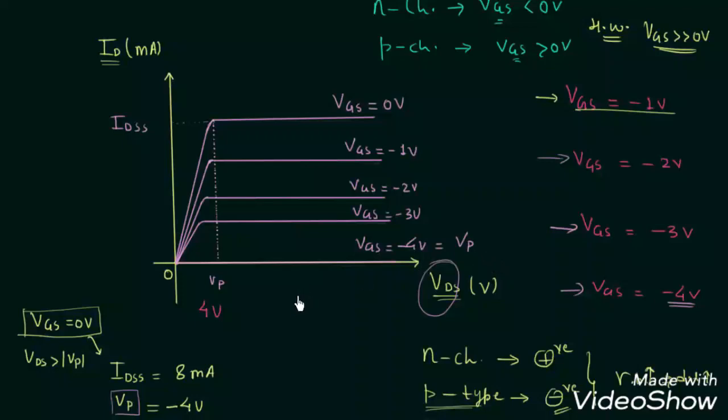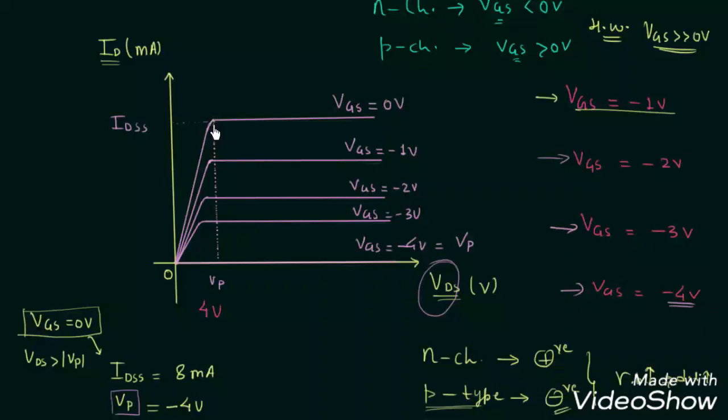So this is how you have to plot the output or drain characteristics of the N channel JFET. In case of P channel JFET, instead of making VGS more and more negative, we have to make it more and more positive. Now I will draw the locus of pinch off voltages.